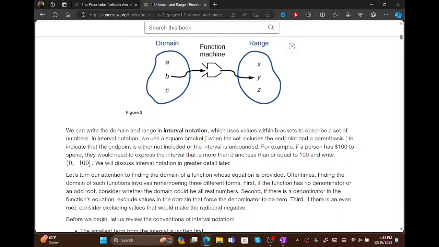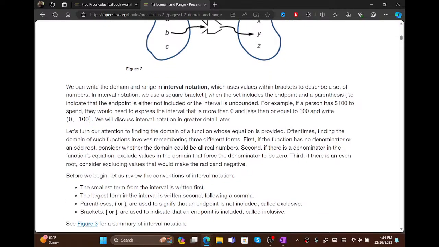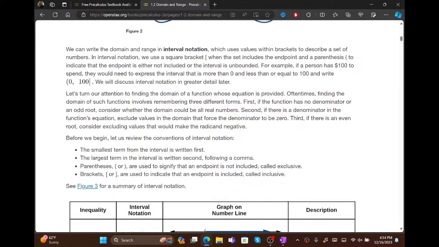For example, if a person has $100 to spend, they would need to express the interval that is more than 0 and less than or equal to 100 and write parentheses 0 to 100. We will discuss interval notation in greater detail later. Let's turn our attention to finding the domain of a function whose equation is provided.